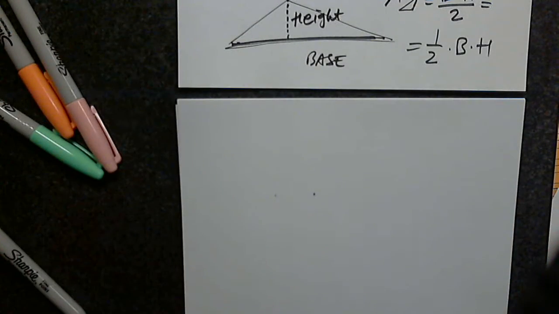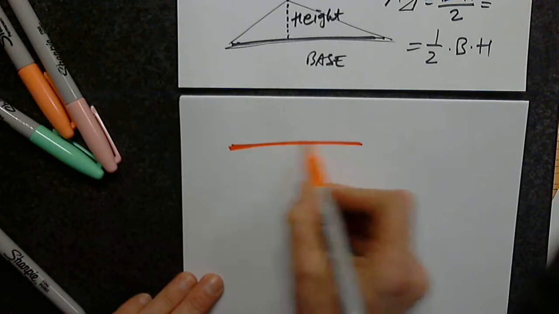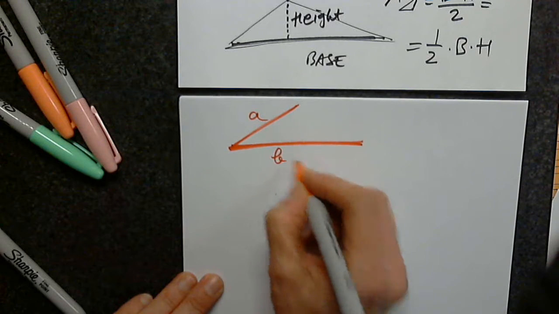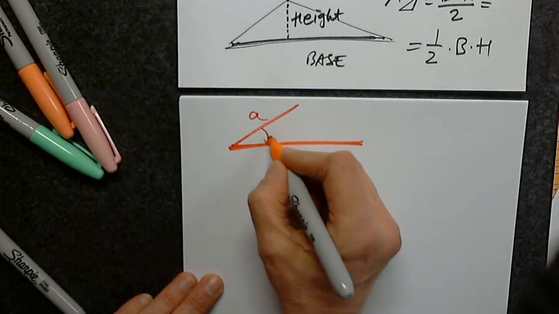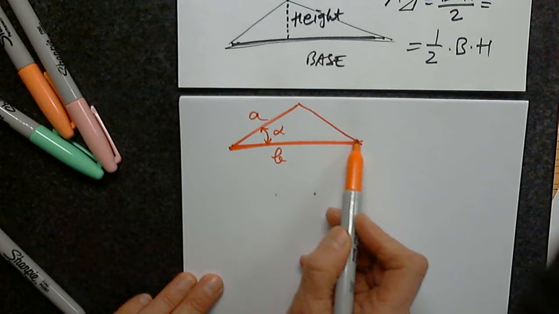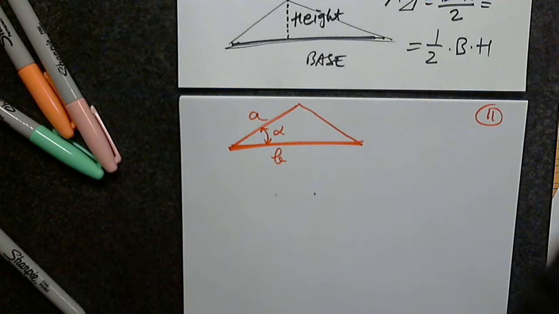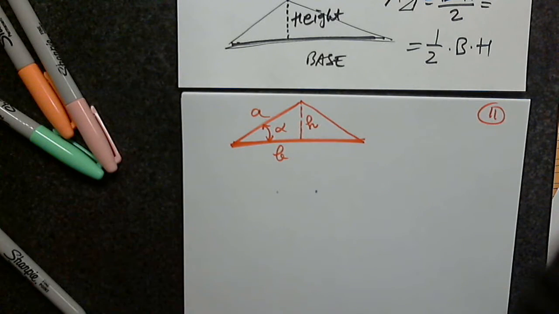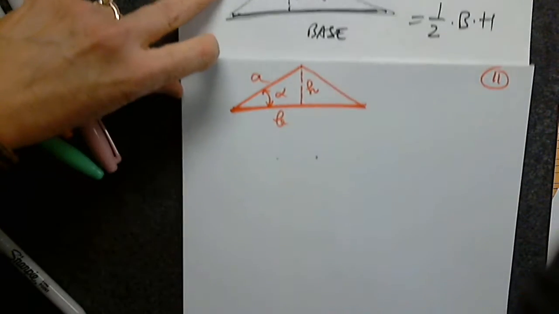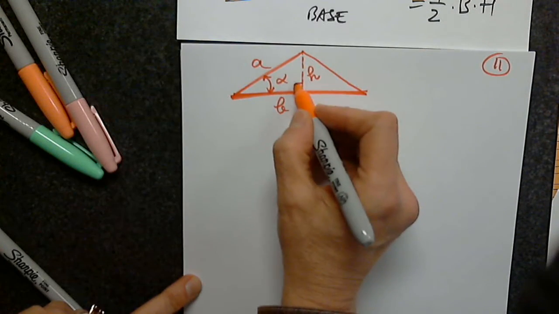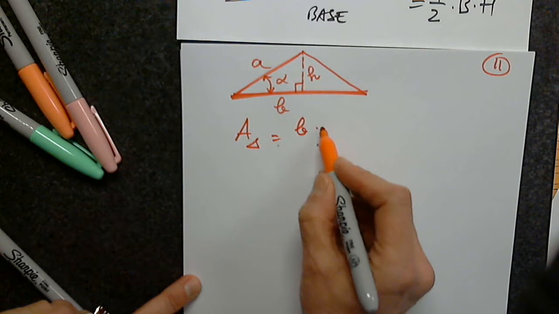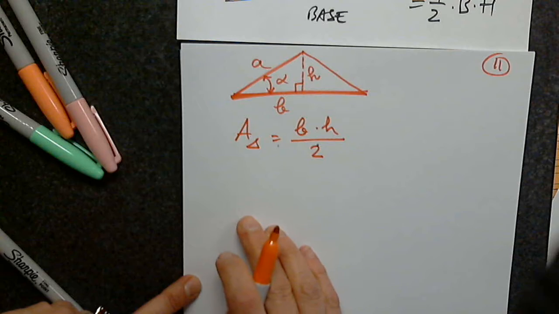Now, what if I'm given this, so this is, let's say, A and this is B, and I'm given this angle, which I'm going to call alpha. I don't have the height. So this is the height. The area of this triangle is still base times height divided by 2.